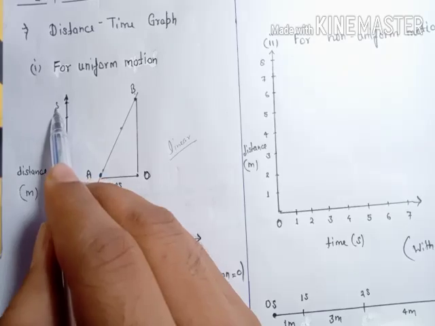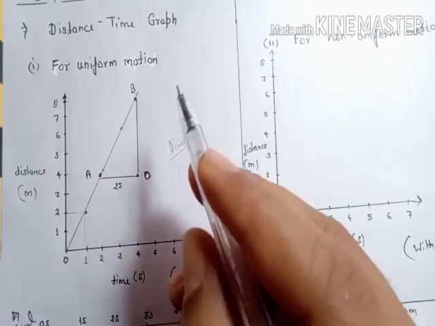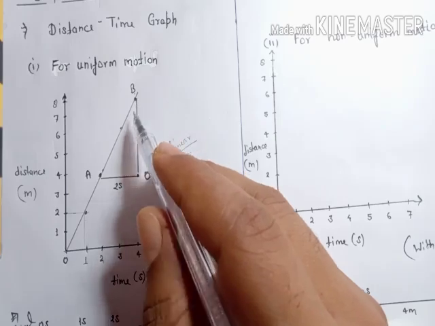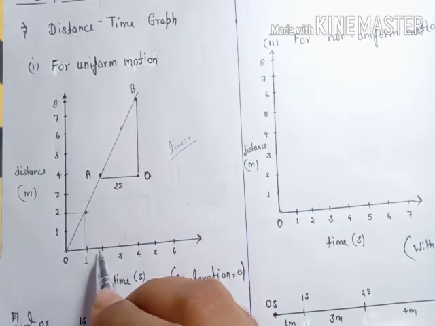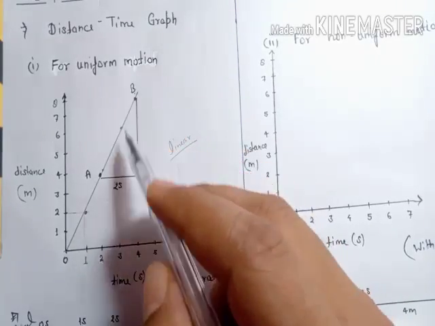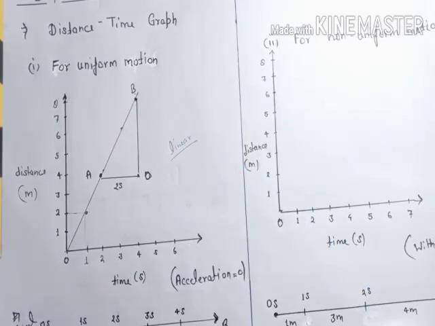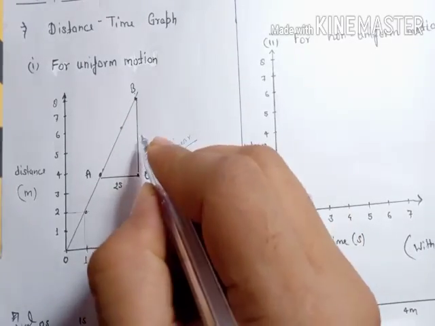Here it is 8. Okay, so in 4 seconds it covered 8 meter, and after 2 seconds it covers this distance from here to here. So we have to select that this is what?